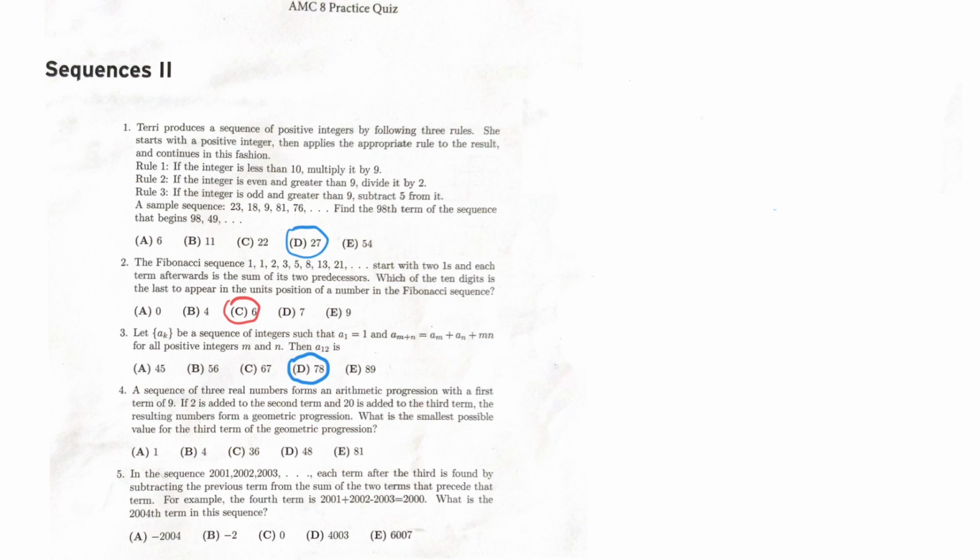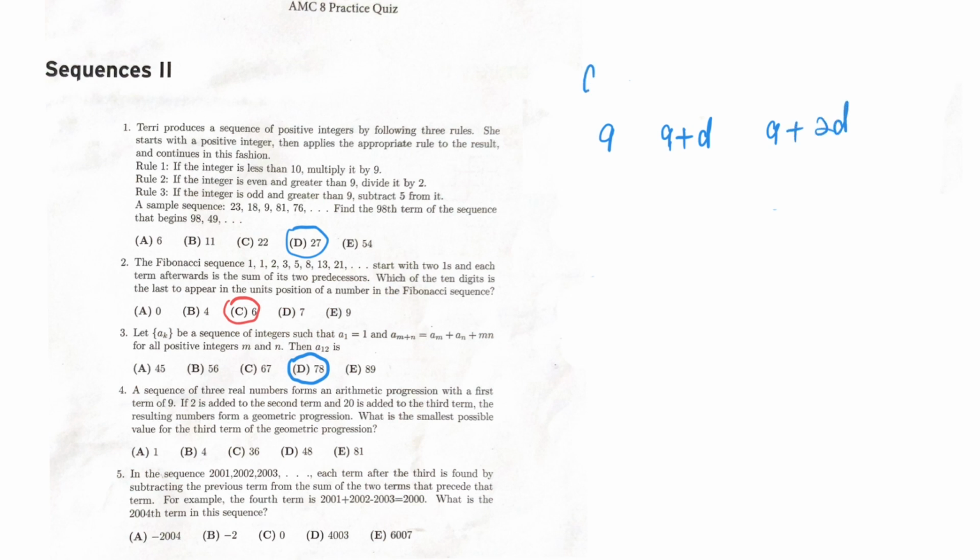So we know that the sequence, that's the arithmetic sequence, with the first term 9, has a common difference D. Second term will be 9 plus D. Last term will be 9 plus 2D.